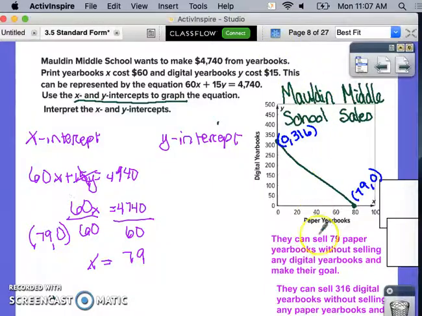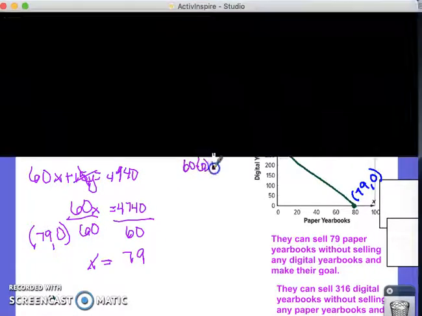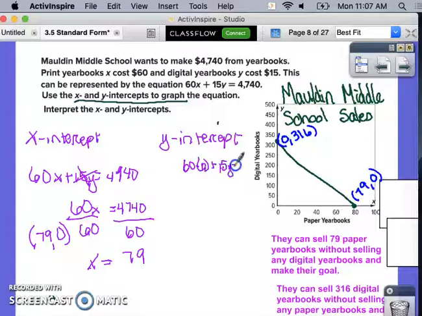Okay, so we're going to plot that point, (79, 0). Okay, to find the y-intercept, I'm going to change the x to 0. So 60 times 0 plus 15y equals 4,740. This goes away. I need to solve for y, so I need to divide both sides by what number?